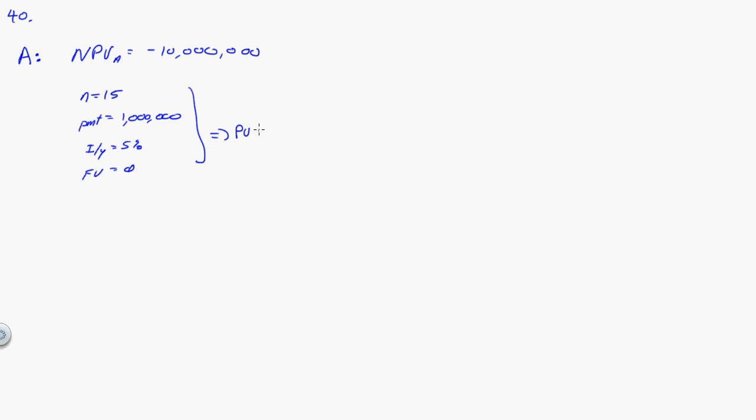The present value of this is equal to minus 10,379,658.04. So that's minus 10,379,658.04. So their overall net present value is negative 20,379,658.04.